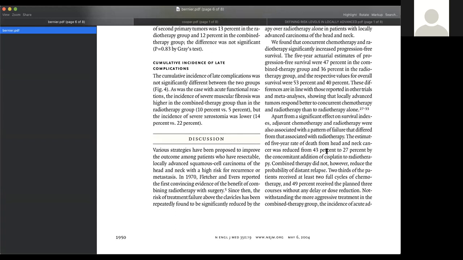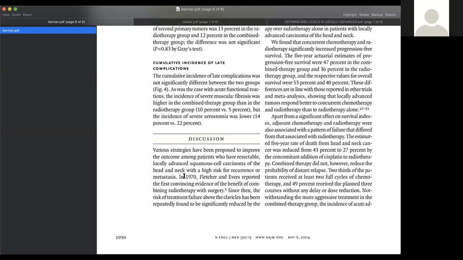The drawbacks said that combined therapy did not reduce the possibility of a distant relapse. So that was one of the points that they couldn't find positive in their study, and they wanted to highlight that distant relapse isn't being reduced by the combined treatment.